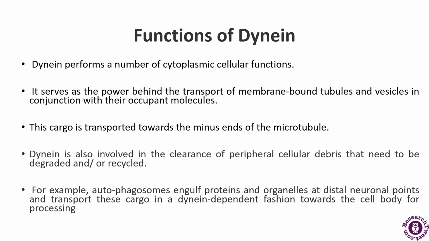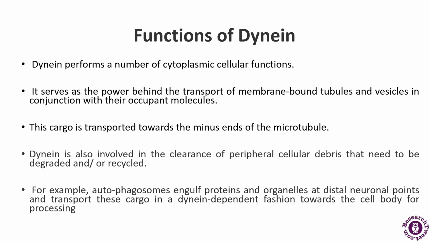So this cargo is transported towards the minus ends of the microtubules. Organelles transported along the cytoskeleton highways include the lysosomes and endosomes, phagosomes, peroxisomes, melanosomes, mitochondria, lipid droplets, and endoplasmic reticulum vesicles that are headed for the Golgi.